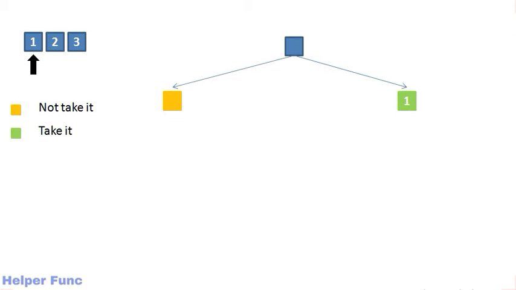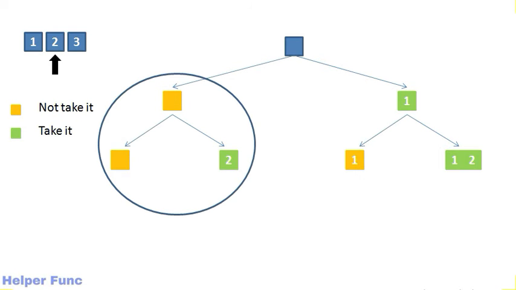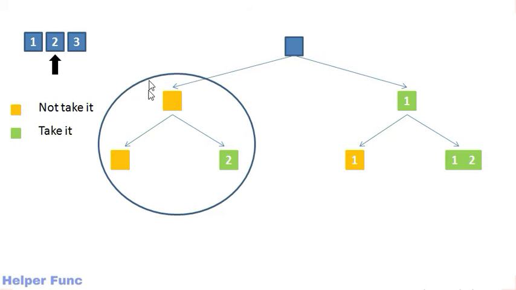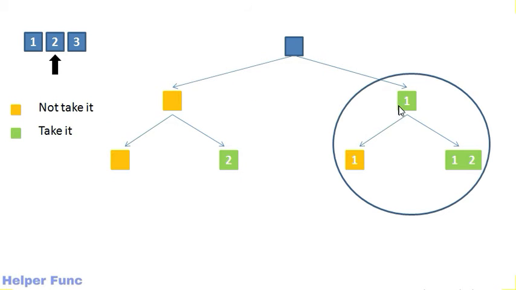Now we will perform the same operation recursively for the next index. So this time our element is 2. So for this empty subset, if we do not take 2, it remains the same, otherwise 2 gets added. Similarly for 1, if we do not take 2, it remains the same, otherwise 2 gets appended here.